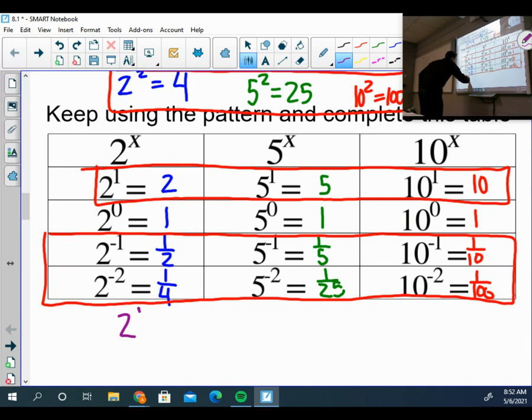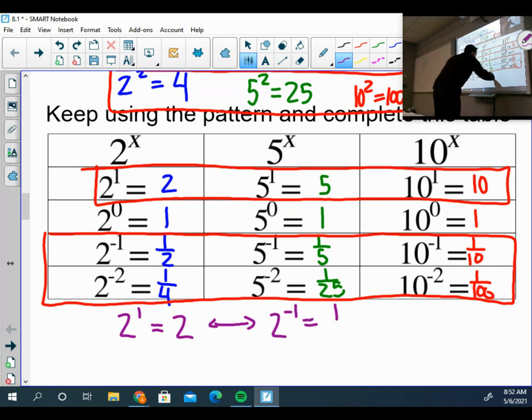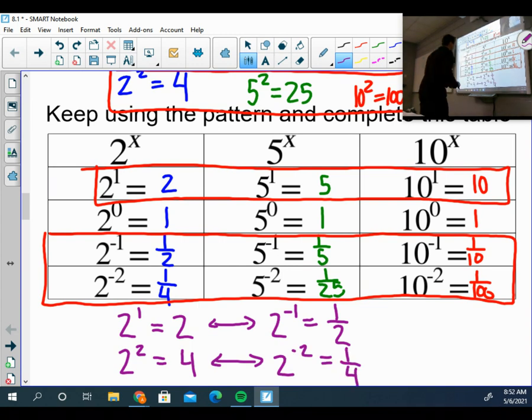We notice that 2 to the first, as we saw, is 2. Okay, we observe that via intuition, just following our pattern. What's interesting is that 2 to the negative 1 is 1 over 2. 2 squared is 4. 2 to the negative 2 is 1 over 4.